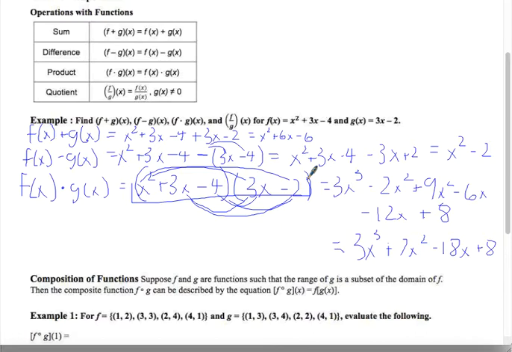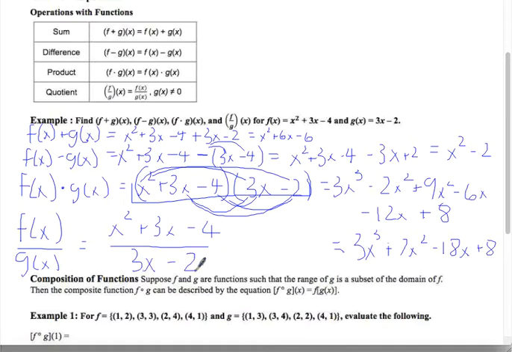And then f divided by g of x, we're just going to write f of x as the numerator, x squared plus 3x minus 4, and g of x as the denominator. And that's as much as we can simplify f divided by g of x.